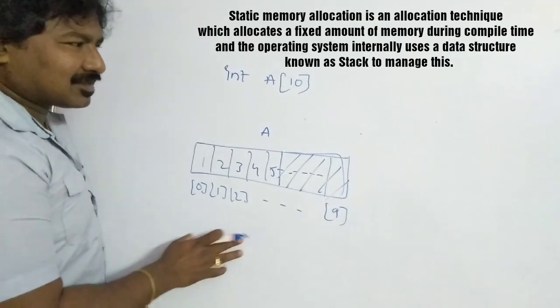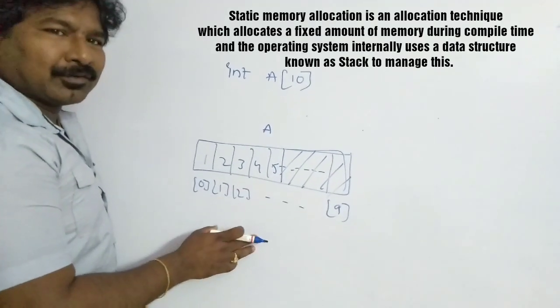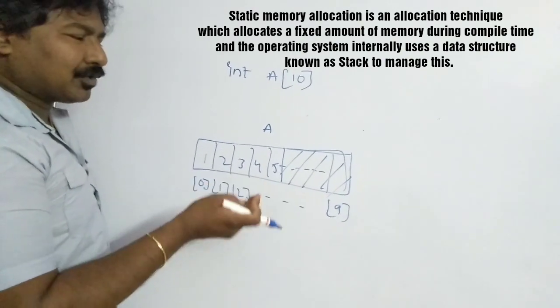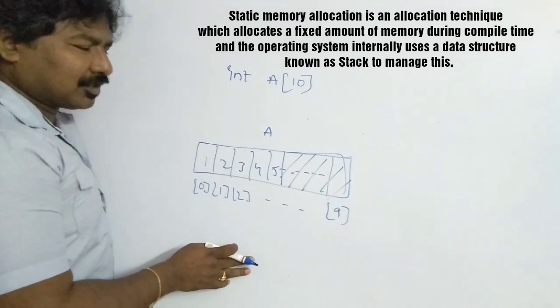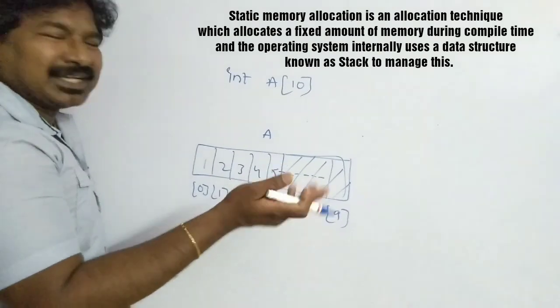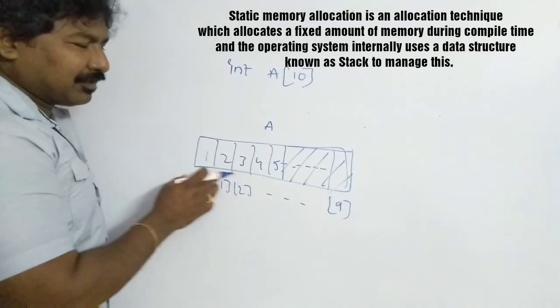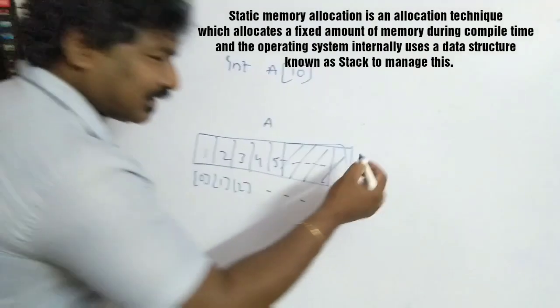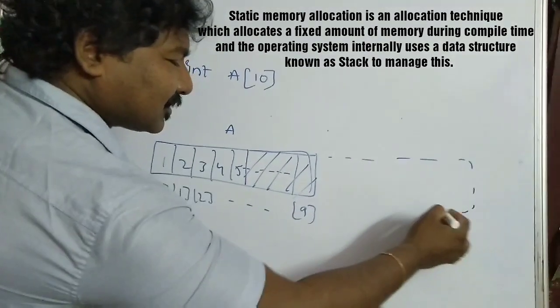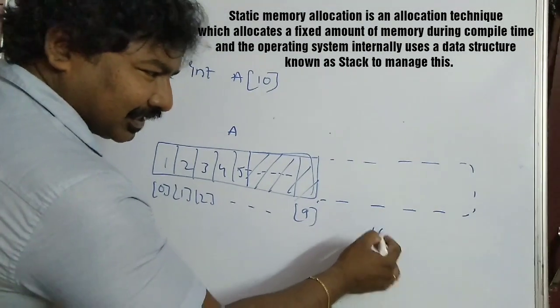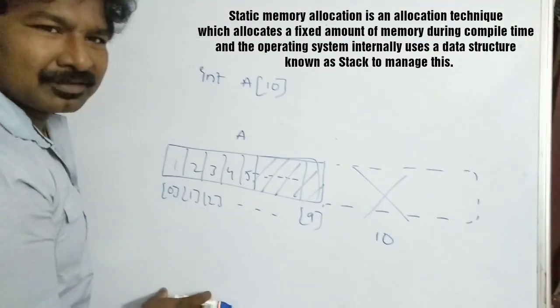Another case is, later in the program, if I want to increase the number of elements, say store 20 elements into this array, previously I declared the size as 10, I cannot accommodate extra space for the remaining 10 elements. This is also not possible.